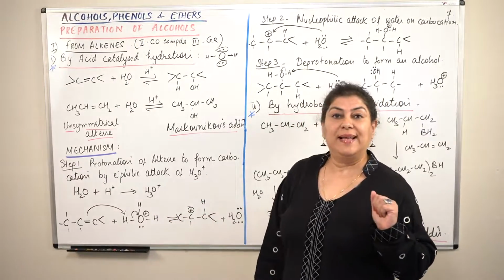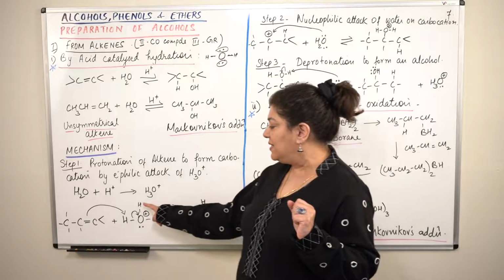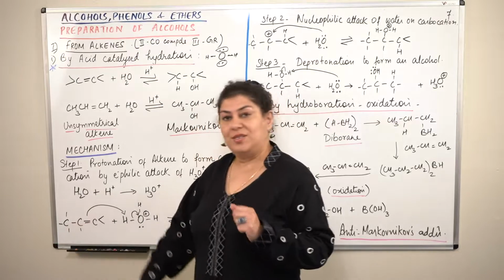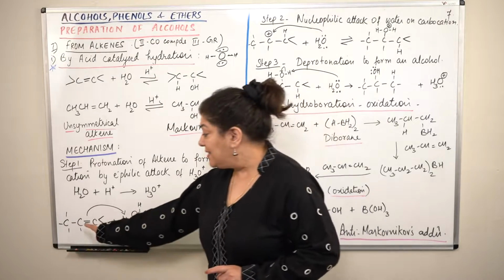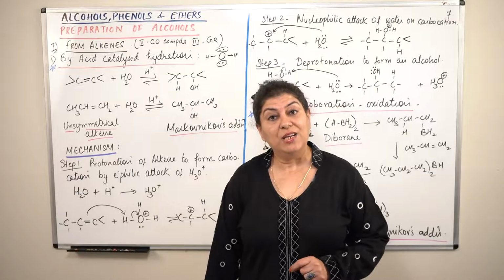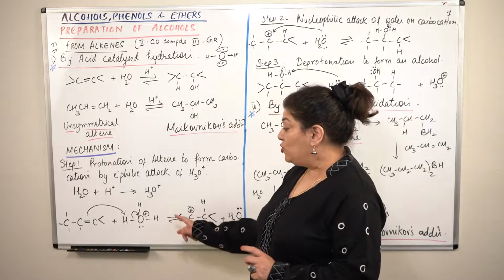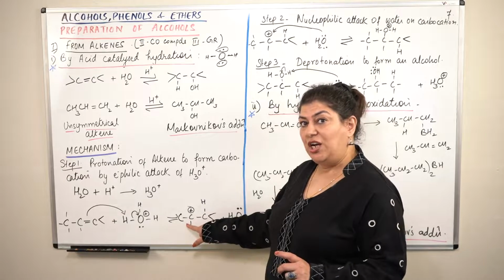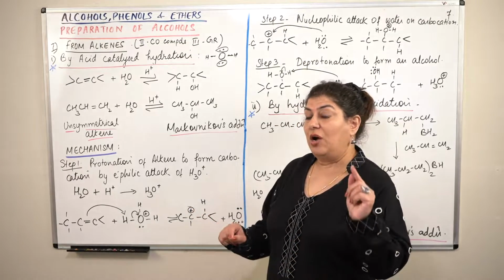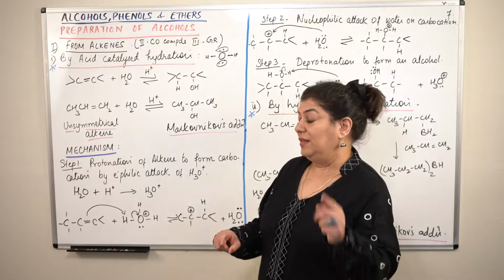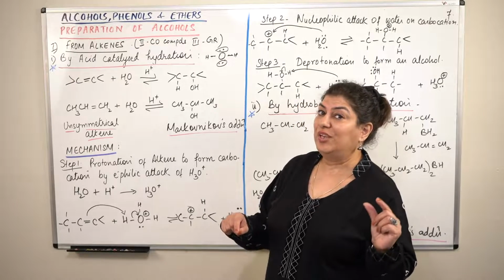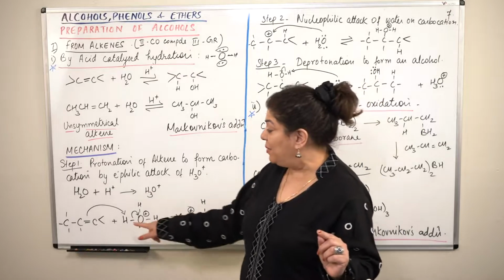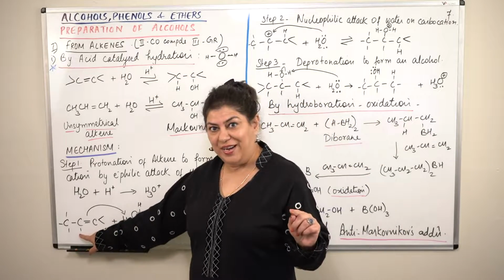This carbocation that is formed, why did the proton add to this carbon and not this carbon? Why did this carbon become positively charged? The proton got added to this carbon, and the positive charge was on this carbon because, according to Markovnikov rule, the negative part of the addendum adds to that carbon which has lesser number of hydrogens.